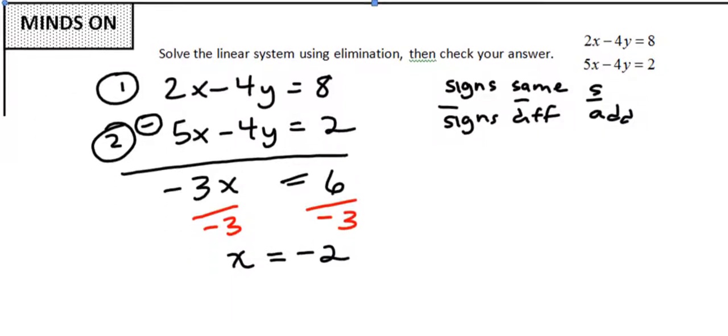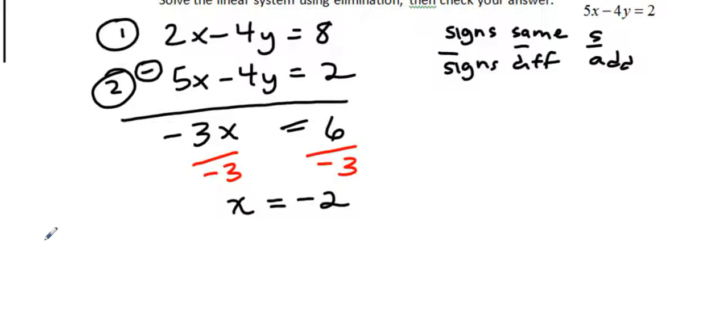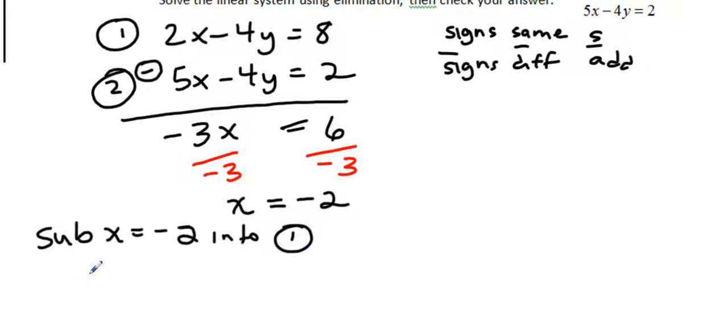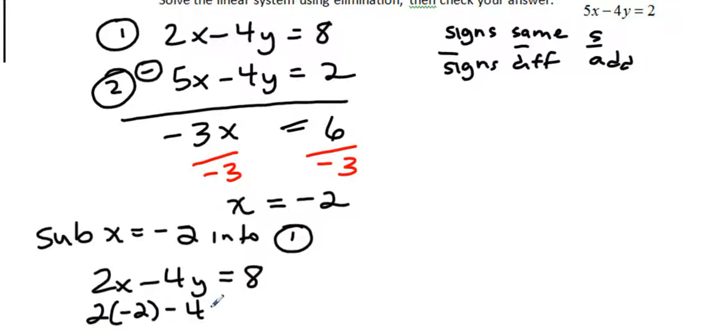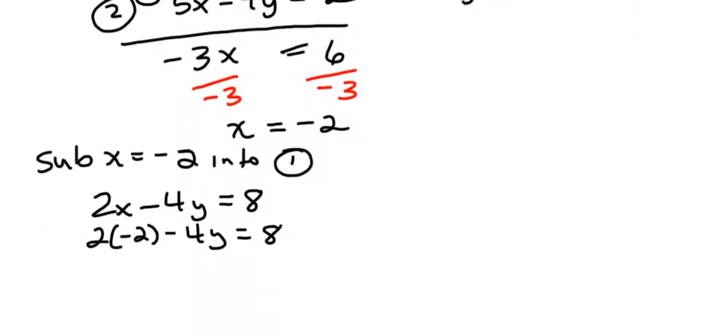All right, so now, again, you're just going to sub x equals negative 2 into either equation. It doesn't really matter. One's as bad as the other. So let's go into 1. So that's going to be 2x minus 4y equals 8. And 2 times negative 2 minus 4y equals 8. We will end up with minus 4 minus 4y equals 8.